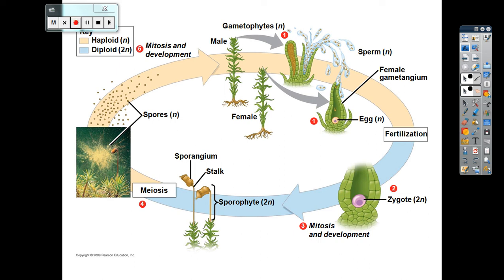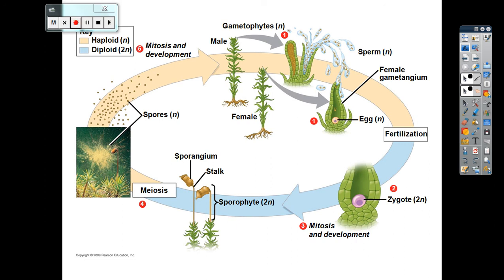And this only happens in the spring, so I'm hoping we can find some of this pretty soon. I've been watching the moss in my backyard to check and see when we're going to find that sporophyte version. It only lasts, it's like this little thing that sticks up off of there, and it only lasts for a week or so, and then the sporangium at the top will burst open and release these spores, which are all haploid because they were produced through meiosis.